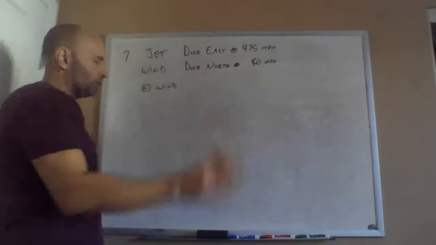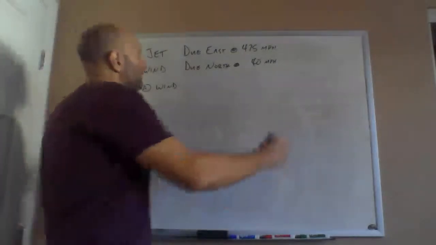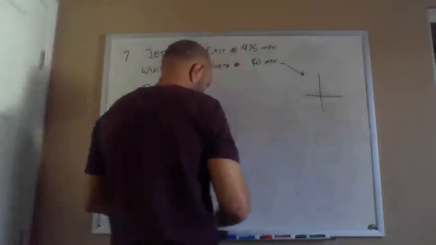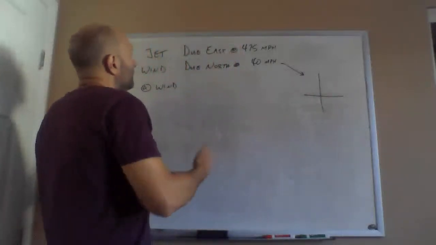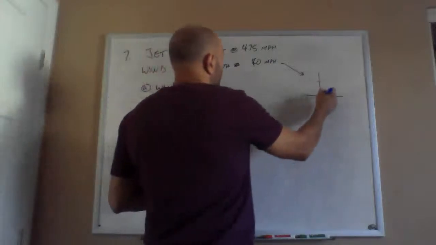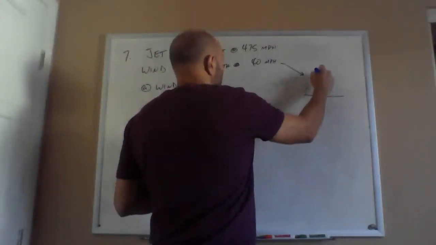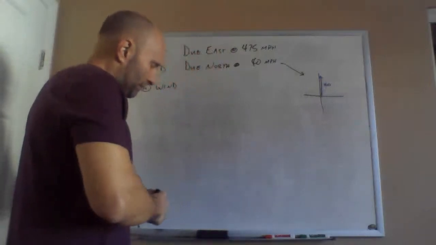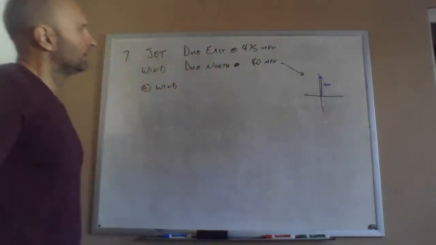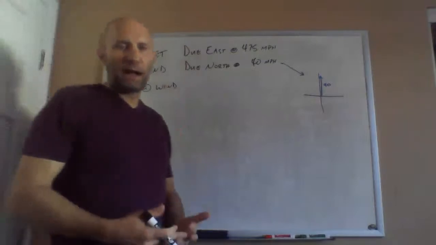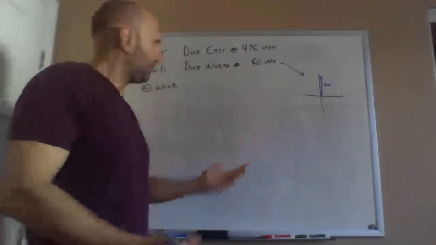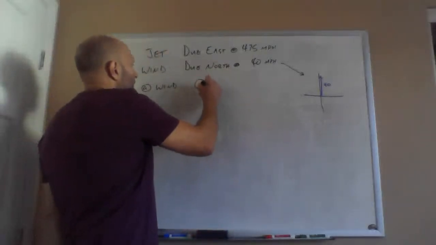So this is just the wind by itself. If I draw a sketch for this so I can see what's going on, it's due north, so directly north at 40 miles per hour. In terms of my i's and j's, my i is how much left or right. Well, that's 0. It's not moving left or right at all.